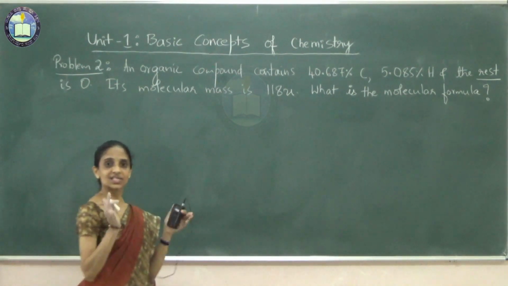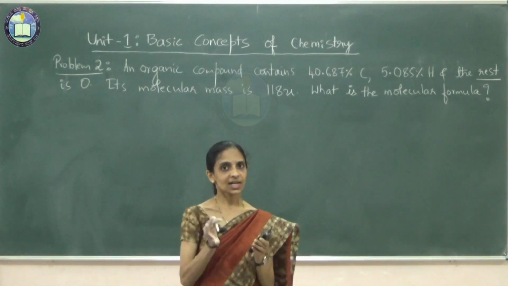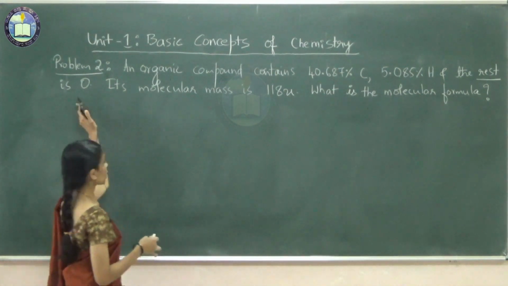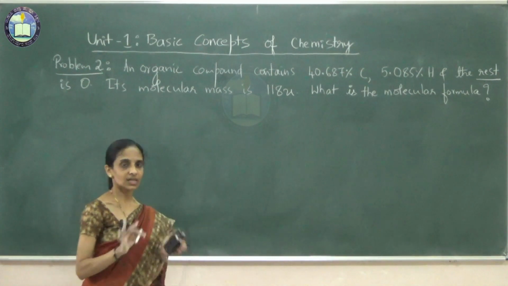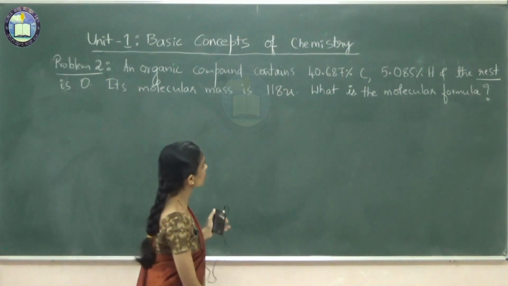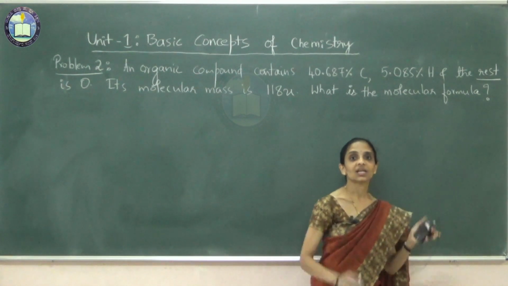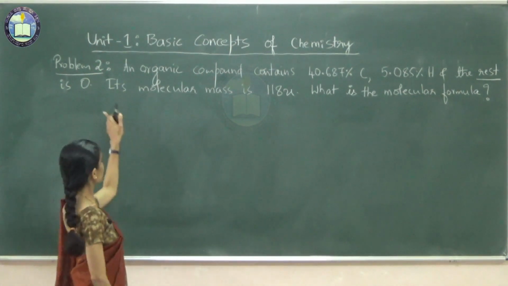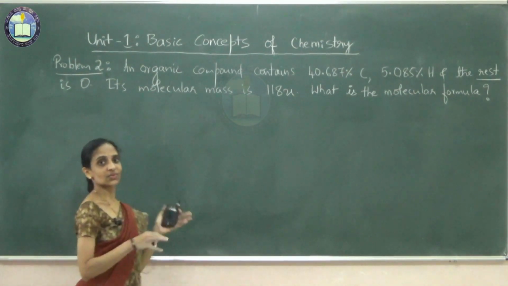That means the oxygen percentage is not given to you directly. Indirectly, it has been given. So how do you find out the percentage of oxygen? It is not at all difficult. You add these two percentage masses, subtract them from 100, then you get the oxygen percentage. So this is a small twist in the problem.